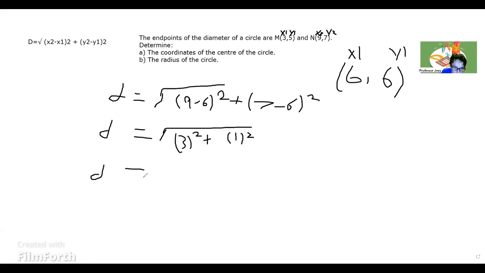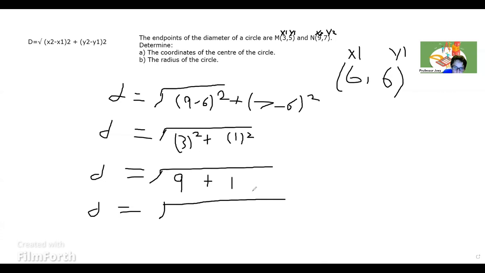Distance equals 3 squared is 9 plus 1 squared, which is 1 times 1, which would equal 1. So now we have 9 plus 1. Distance would equal square root of 10. So now we have figured out the inside. 9 plus 1 equals 10.